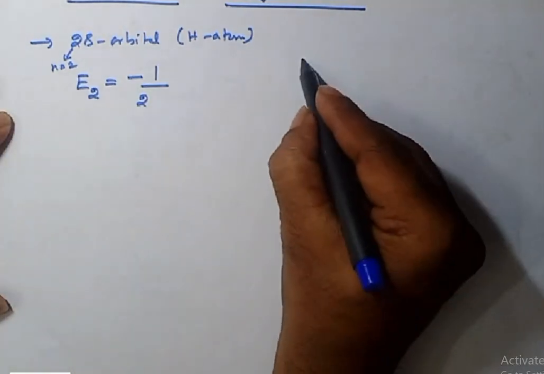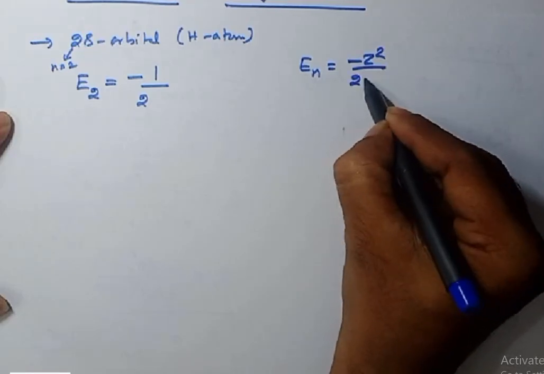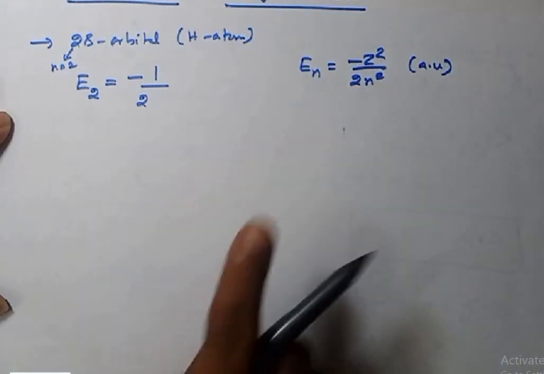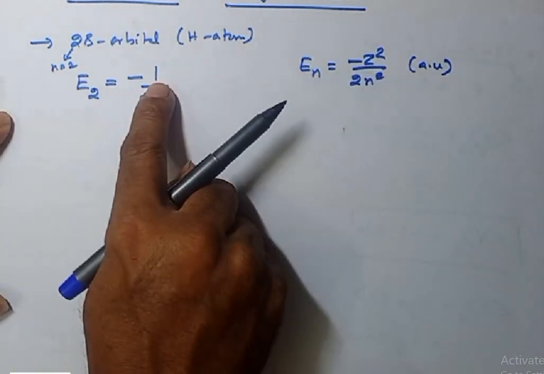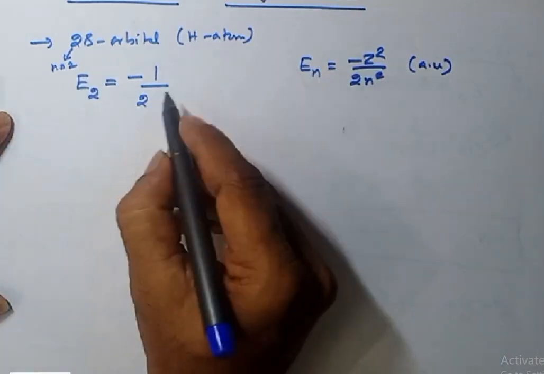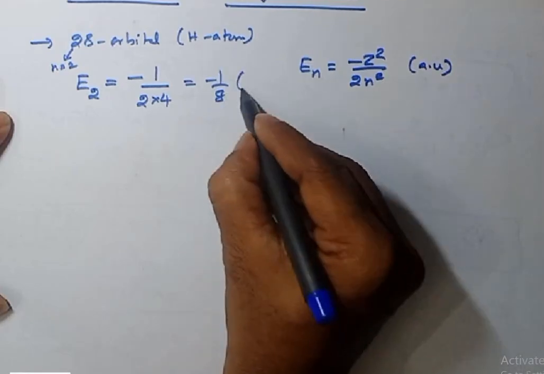The formula is En equal to minus Z square by 2 n square, which gives the energy in atomic units for the hydrogen atom. Z value is 1, so put 1. Now n value is 2, so 2 square is 4. So what's the answer? Minus 1 by 8 atomic unit.